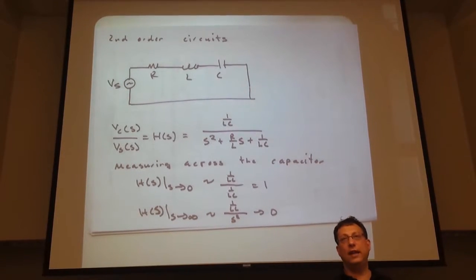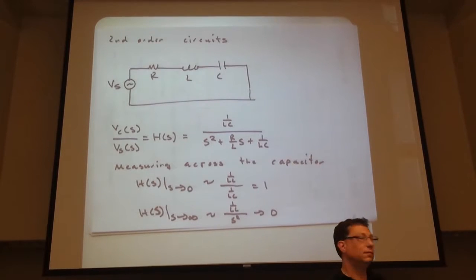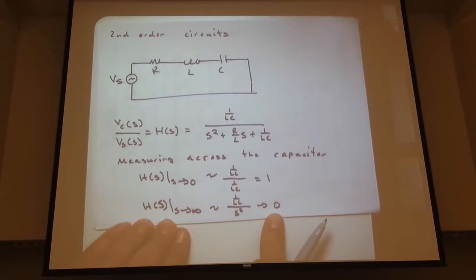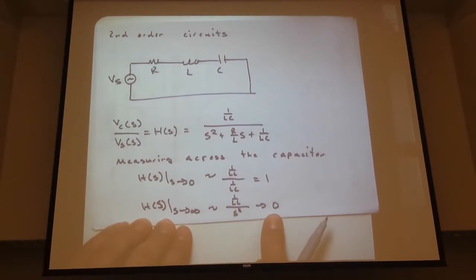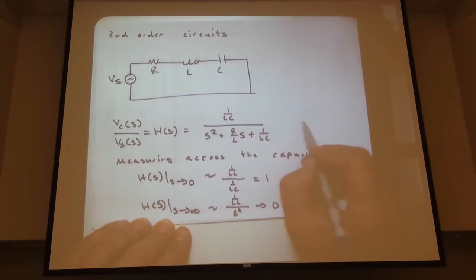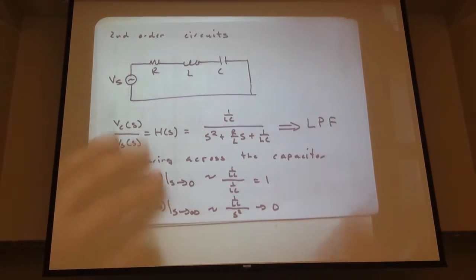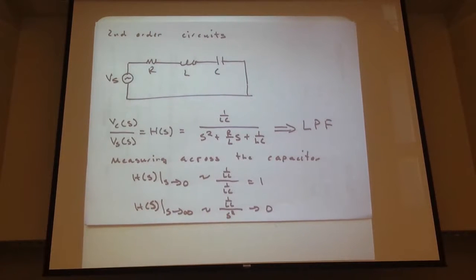What type of circuit is this if we measure the voltage across the capacitor? We're passing low frequencies, we're attenuating high frequencies. That's a low pass filter. What's our roll off? What's the slope of our stop band?